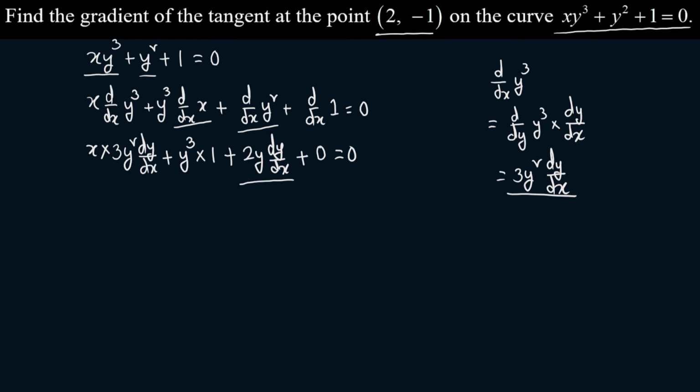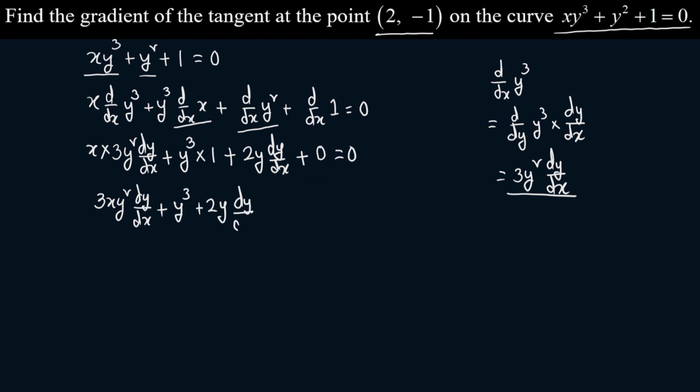So let's continue with the rest of the question. The first portion is 3xy squared dy/dx, plus y cubed, plus 2y dy/dx.